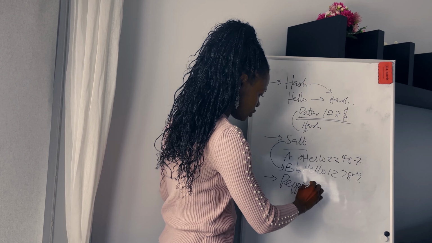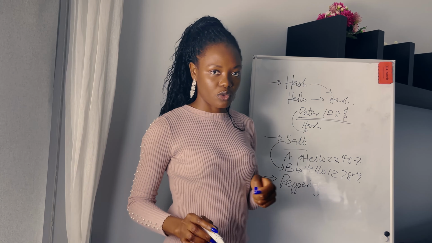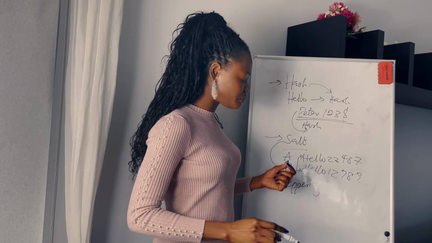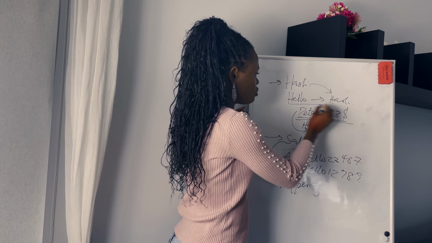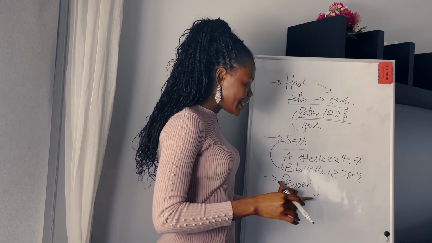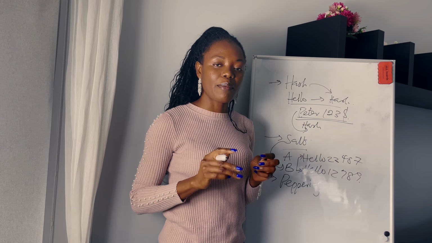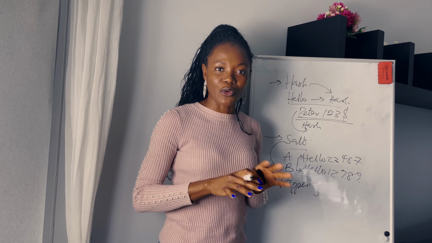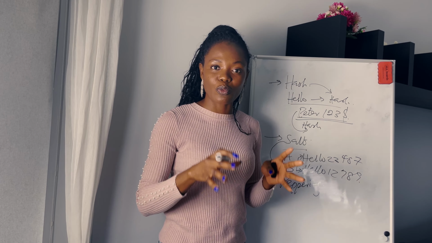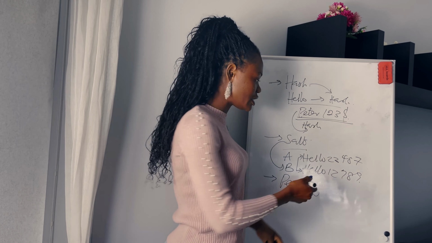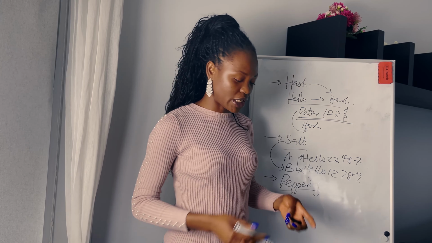I was mentioning that the salted password could be stored in the database. In the case of peppering, the difference is that the pepper is not stored in the database. It is hidden somewhere in your code or in your environment, not stored where an attacker can easily have access to it. It is another layer of security that people add to password storage.